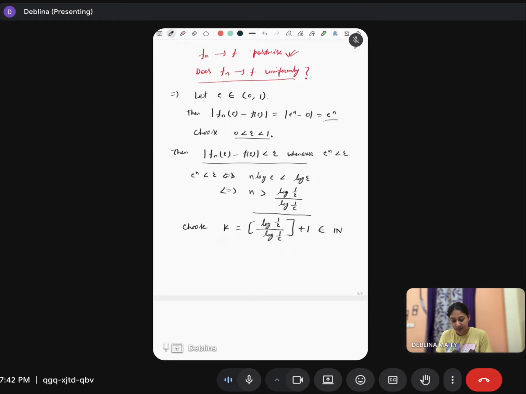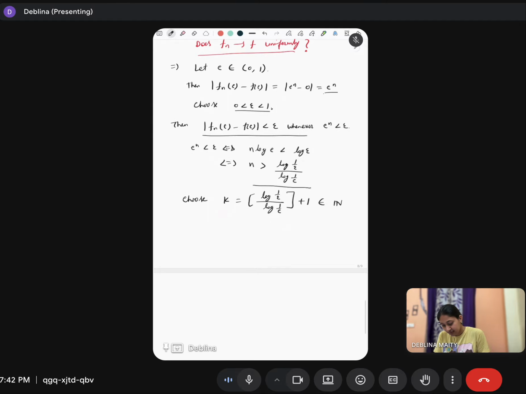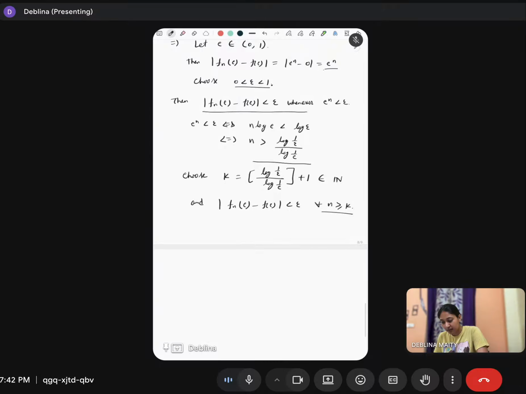So mod of fn(c) minus f(c) is less than epsilon for all n greater than or equal to k, because this happens when n is greater than or equal to this number, and k is bigger than it. And our c is arbitrary in (0, 1).